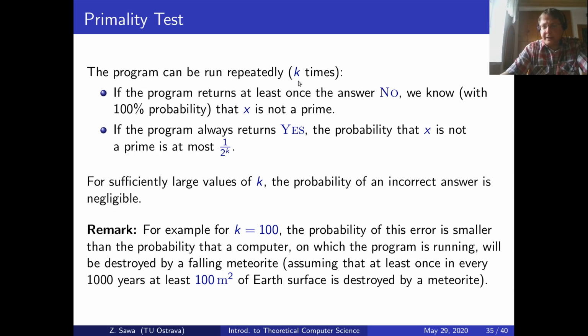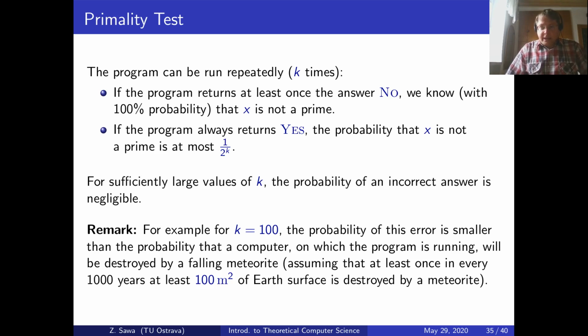We run the algorithm with the same input several times, and whenever we obtain the answer no, we are sure that the given number x is not a prime, and that the answer is correct.